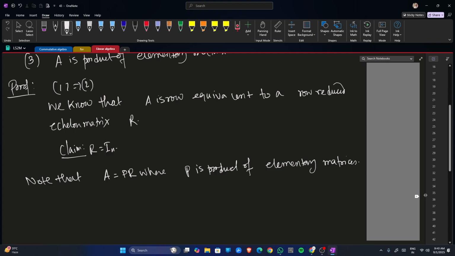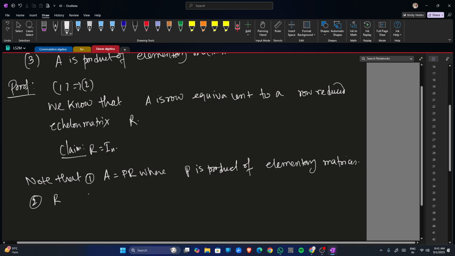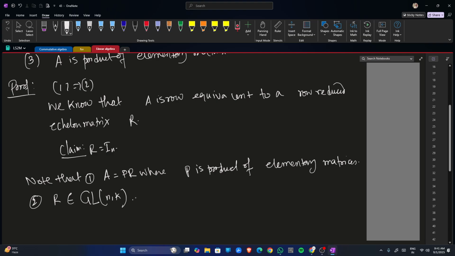It is also clear that R is invertible. R belongs to GL_n(K). Now, what could go wrong if R is not the identity matrix? Yes, please. What is the issue?